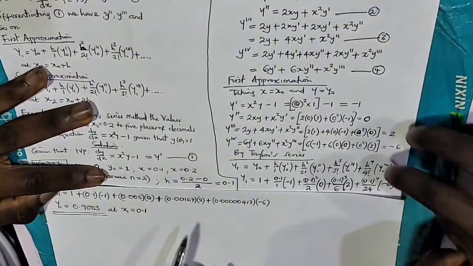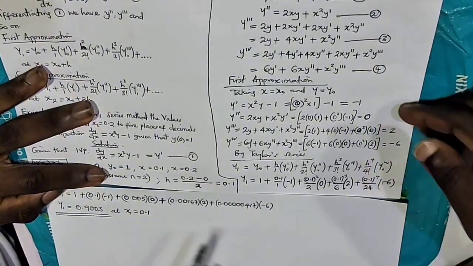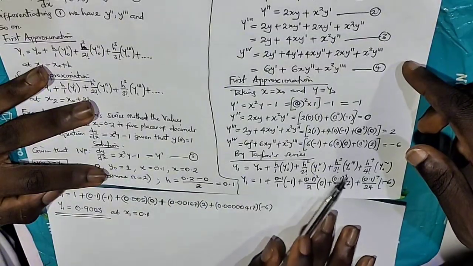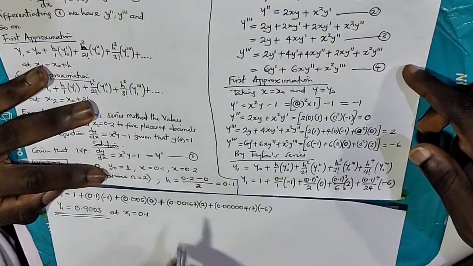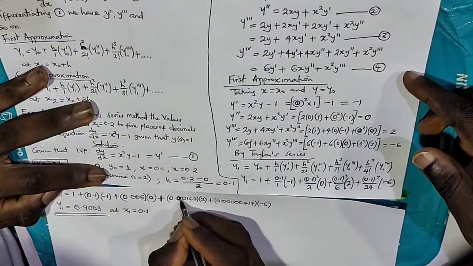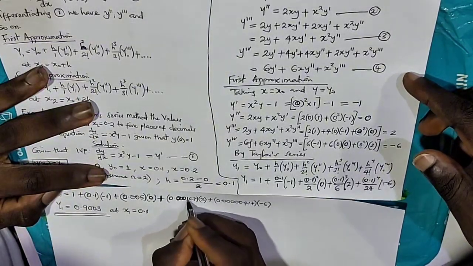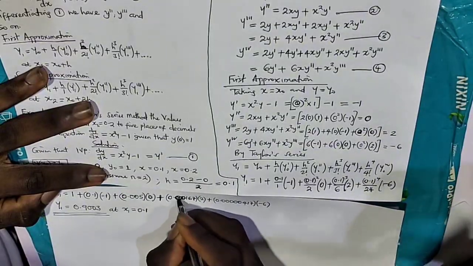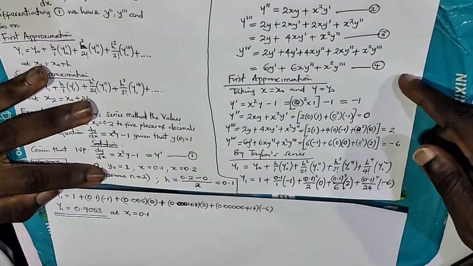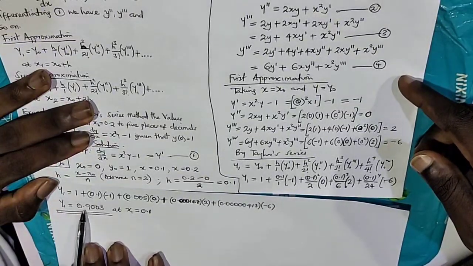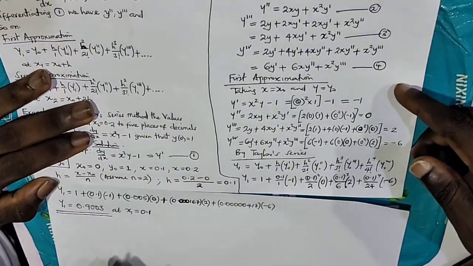Upon the check, we realized that the calculation for 0.1 to the power of 3 divided by 6 was meant to be 0.000167. So please make sure you correct that in your book. So now we have the value of y1 to be 0.9003.